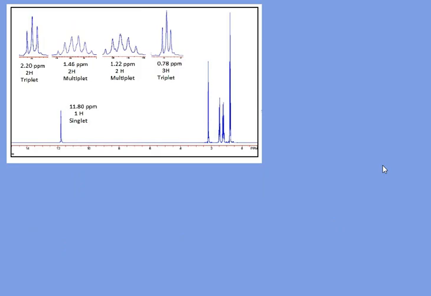If we move on to the nuclear magnetic resonance, further proof that we've got a carboxylic acid, because way downfield, almost at 12 ppm, we've got that peak at 11.80, which is pretty much solely the range for a hydrogen on a carboxylic acid group.